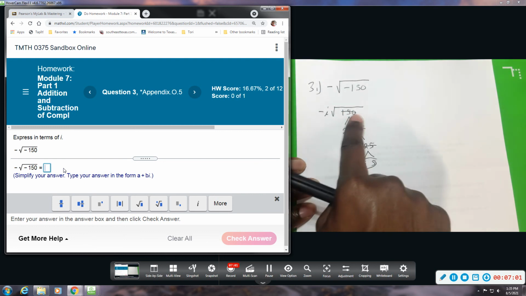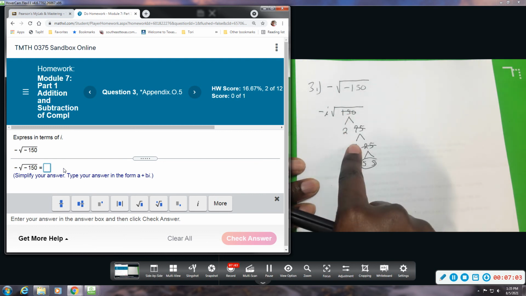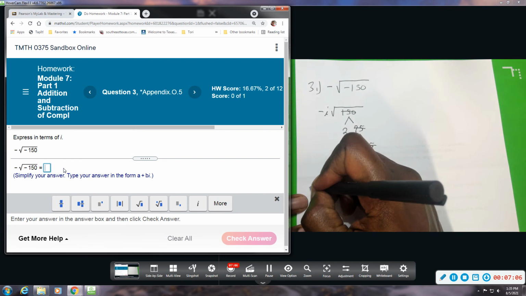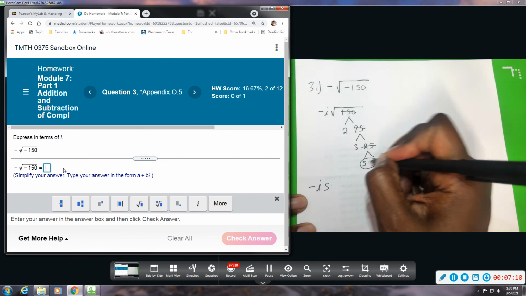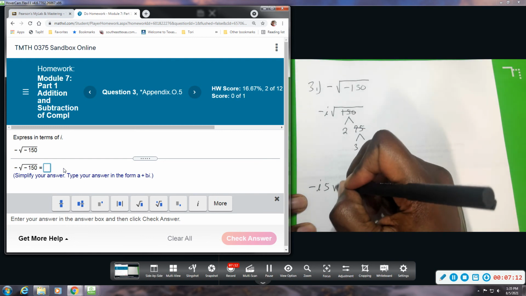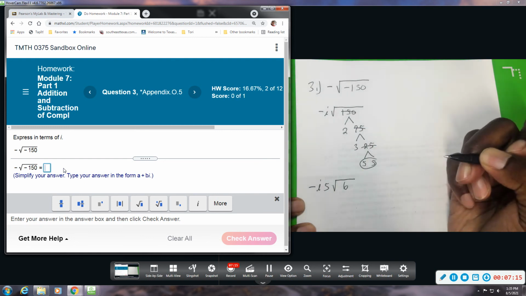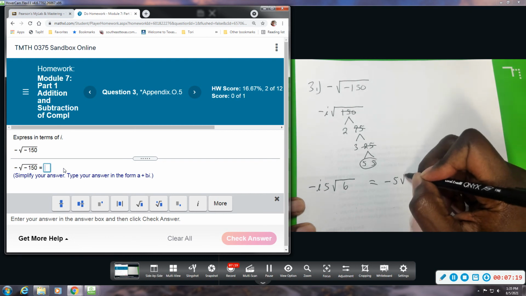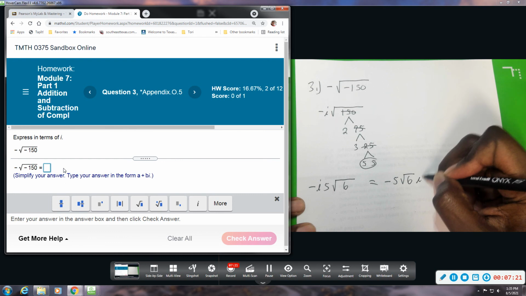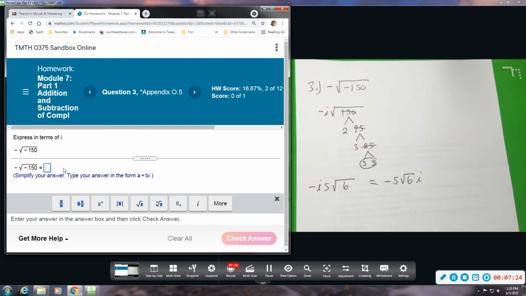Both of them will stay under the radical, and we will multiply them back together. So my final answer, negative i 5, because I pulled this 5 out, and then the 2 and 3 will stay. 2 times 3 is 6. So when I rewrite it, I will have a negative 5 square root of 6, i. So that will be the difference. Instead of just a 2 under the radical, you'll have 6. So negative 5 square root of 6, arrow out, i.